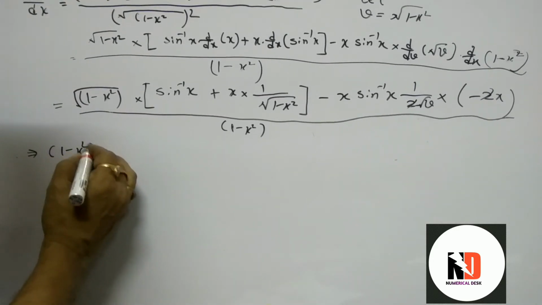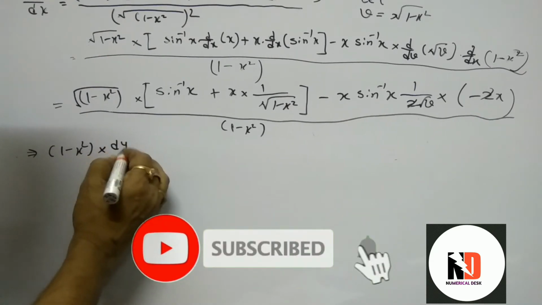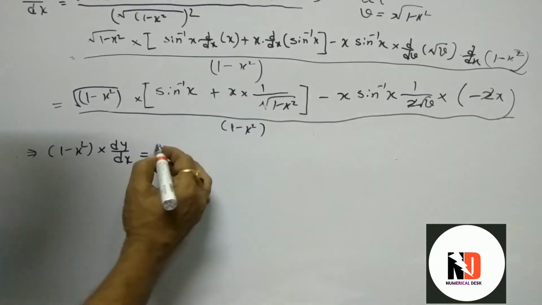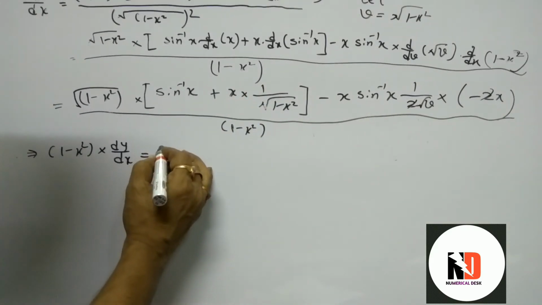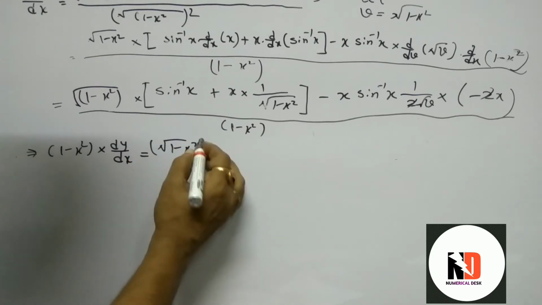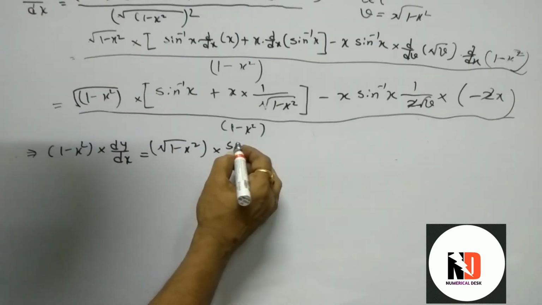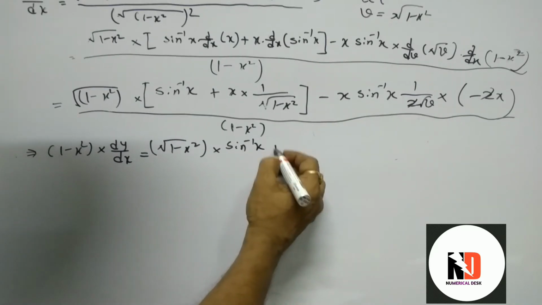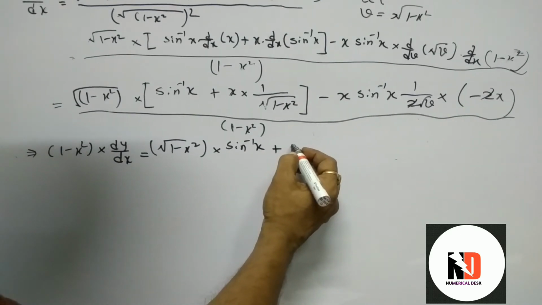So this 1 minus x square gets multiplied with the left hand side term dy by dx, because this is asked in the proof. That is why we have already done this. Now let us proceed by writing the terms very carefully. We must have patience.